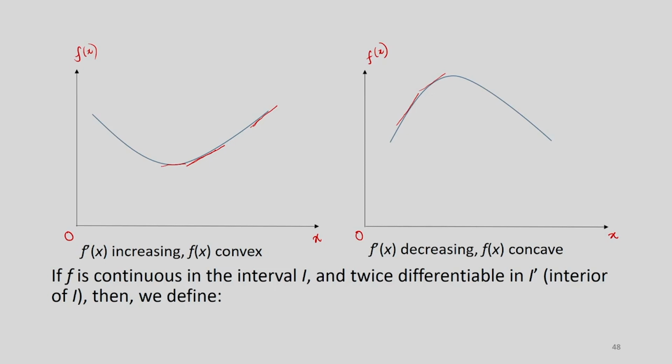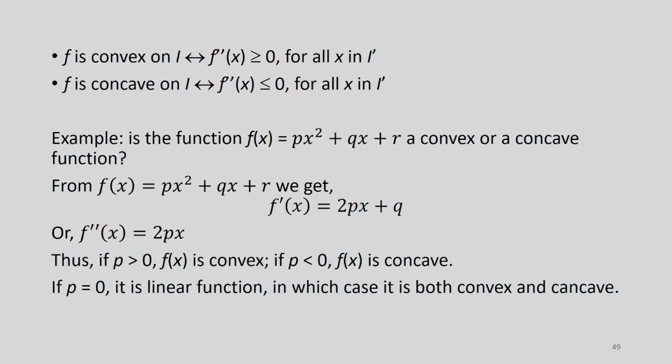Okay, here is an example. The function f(x) is equal to px square plus qx plus r. Is it a convex or a concave function? Now, we take this function f(x) is equal to px square plus qx plus r, where p, q, r are parameters and x is the variable. So, we take the first derivative.